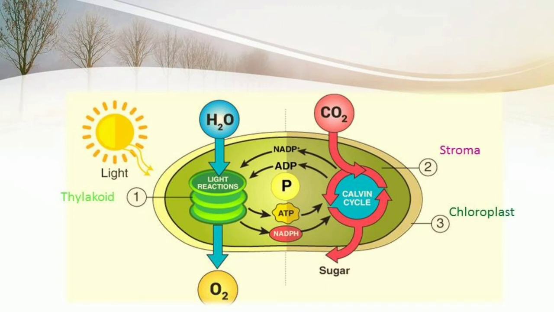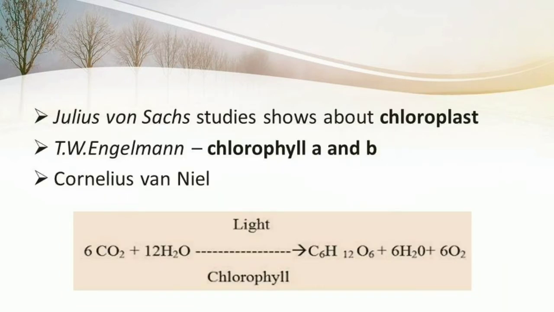So based on his studies, it is understood that the oxygen evolved by green plants comes from water and not from carbon dioxide. If we look at the equation, 6CO2 plus 12H2O in the presence of light and chlorophyll gives rise to C6H12O6 plus 6H2O plus 6O2.